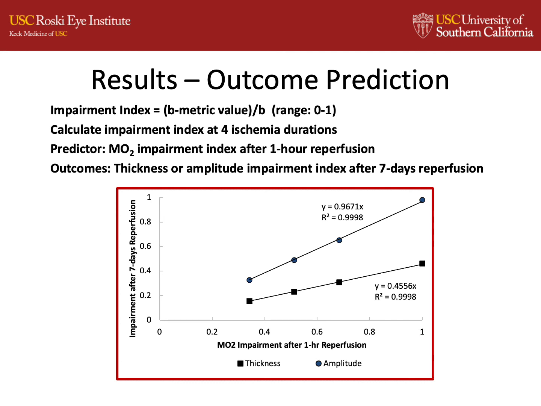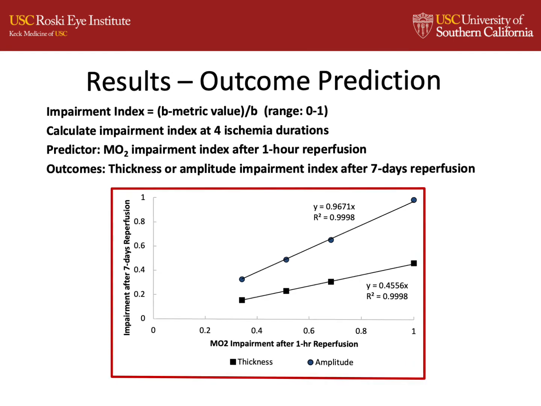The plot shows MO2 impairment index after 1 hour of reperfusion as a predictor for outcome impairment indices after 7 days of reperfusion. The data shows linear relationships such that from the equations of these lines we can estimate the level of impairment in visual function and retinal thickness outcomes based on MO2 measurements.